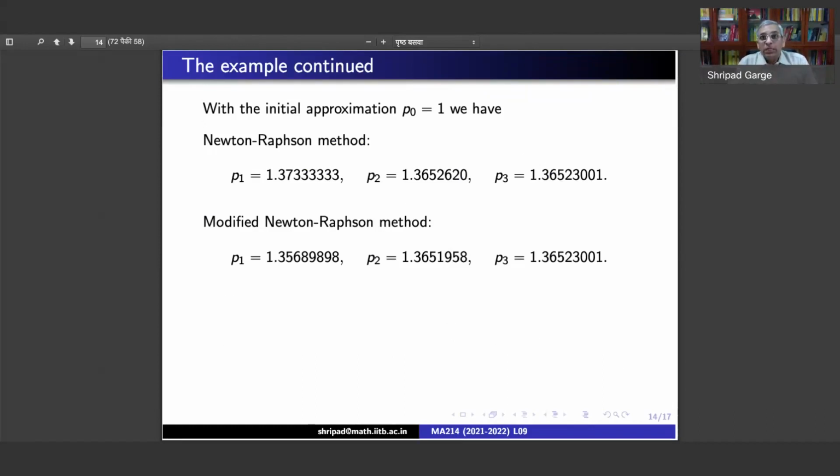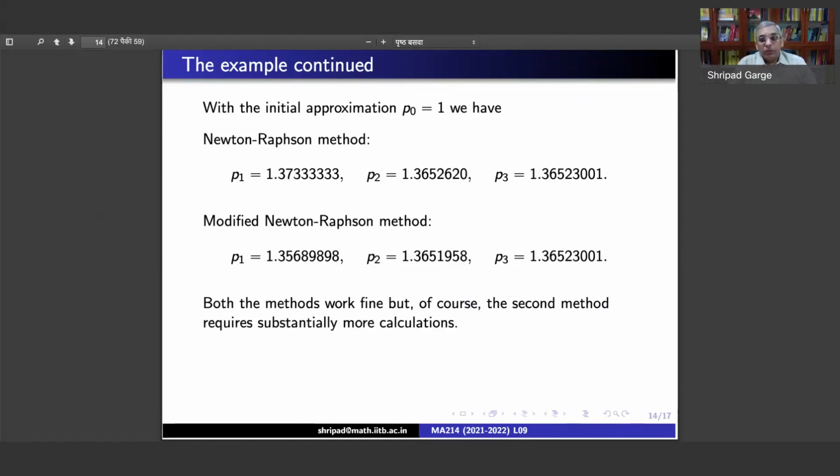So although the modified Newton-Raphson method is not working significantly better, both are working fine. Of course, the second method will require substantially more calculations because you will need to compute g double prime, and then the formula is slightly more complicated. So this is what we have for the modified Newton-Raphson method.